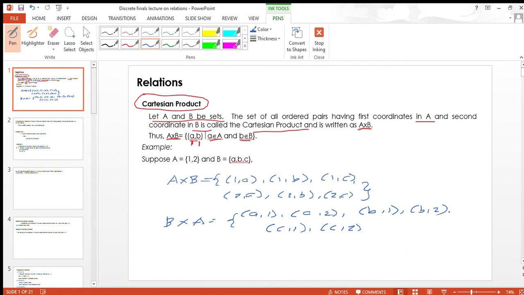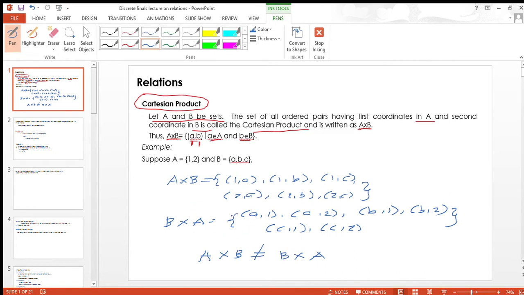Clearly, from these two examples, it is not always the case that A cross B is equal to B cross A. So, meaning, Cartesian product is not commutative.